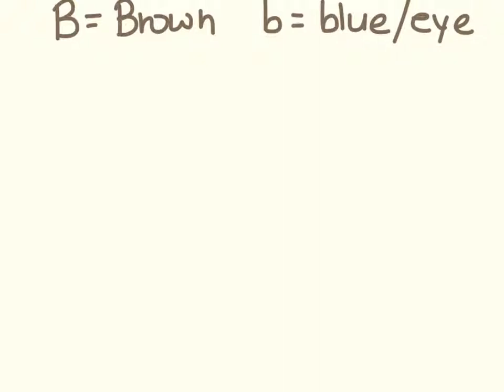If we take two heterozygous parents, heterozygous we know means that one allele will be the dominant allele for the trait, and the other allele will be the recessive. So our two parents will be capital B lowercase b, capital B lowercase b.